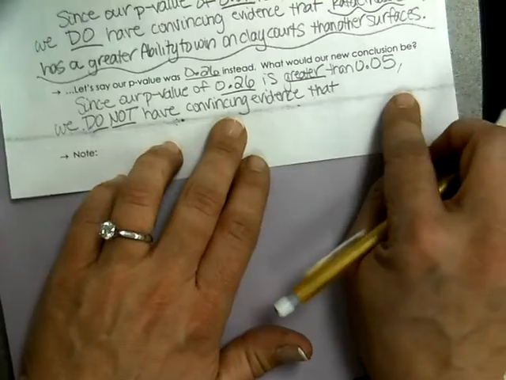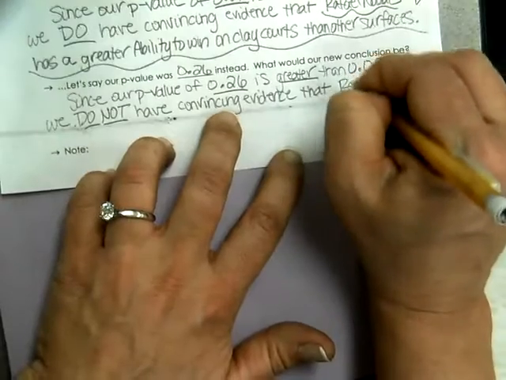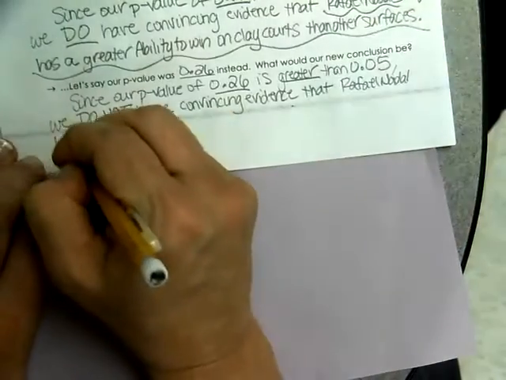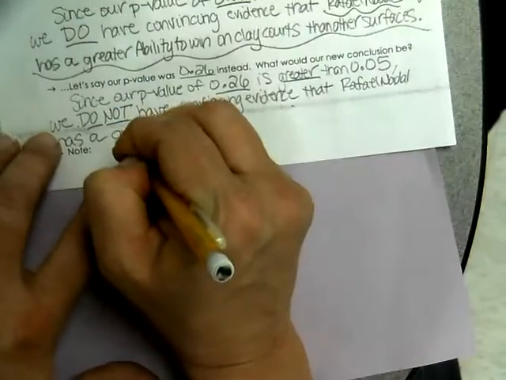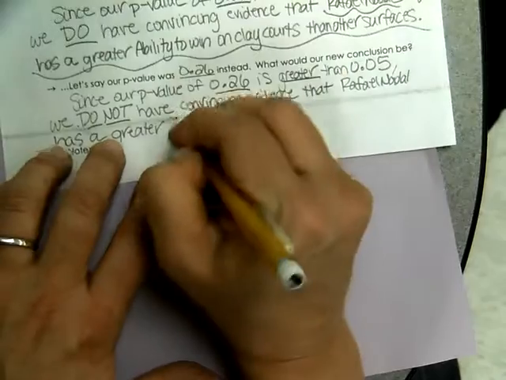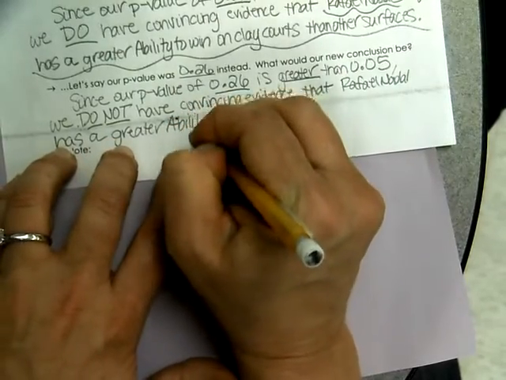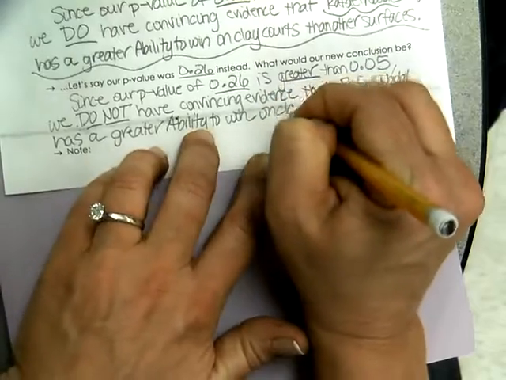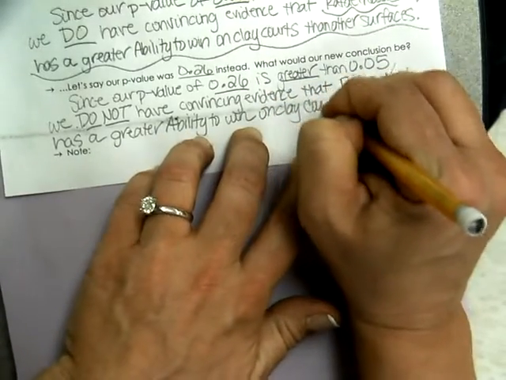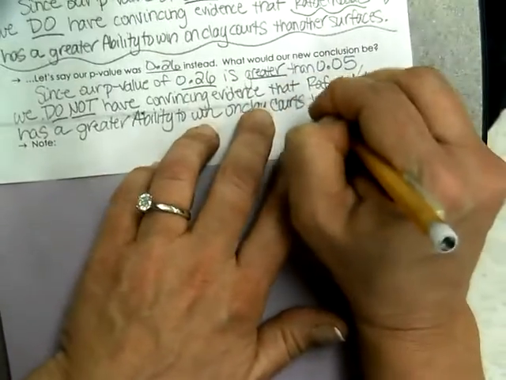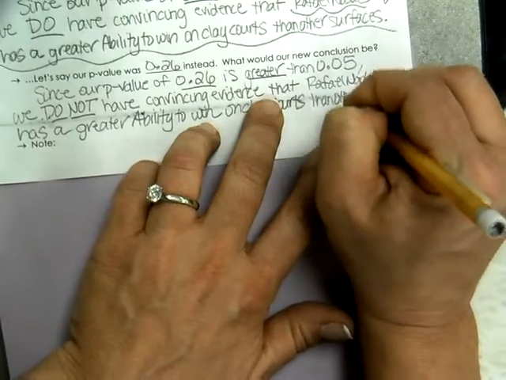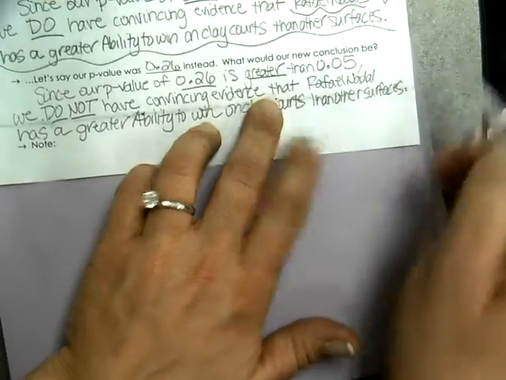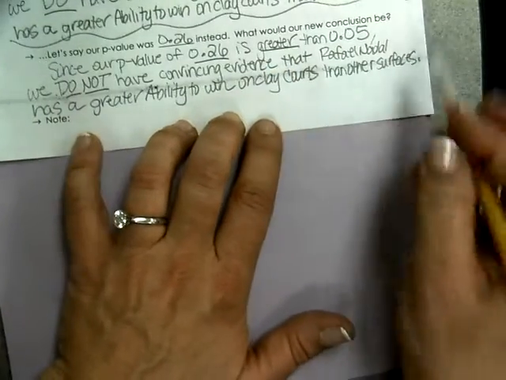And again, we write out our HA, that Rafael Nadal has a greater ability to win on clay courts than other surfaces. And again, you guys, I understand this is a lot of writing, but we are going to be doing this all semester, okay?